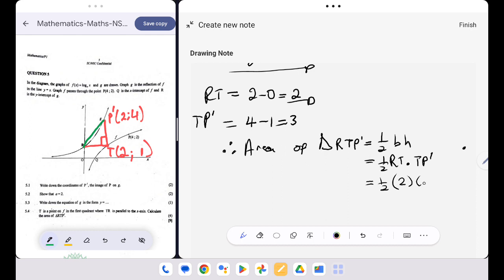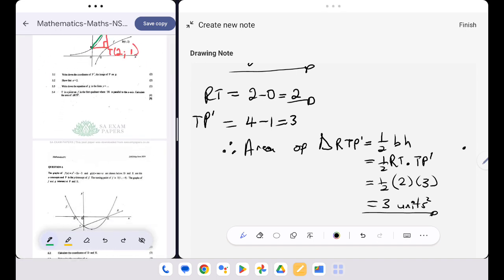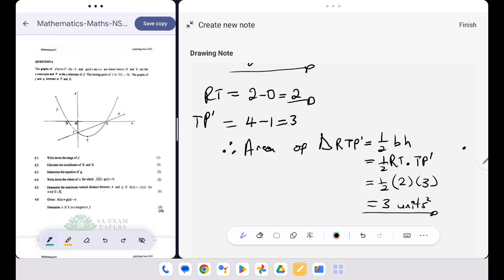RT is 2 and then the height is 3. So the area is 3 units squared. That's how we do question 5. I hope you understand. Now let's move to question 6, the last part of the functions.